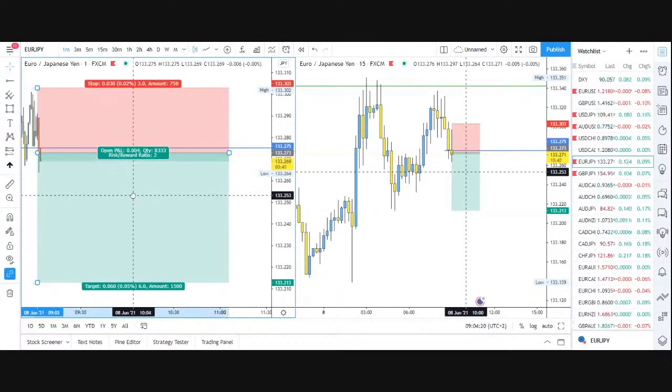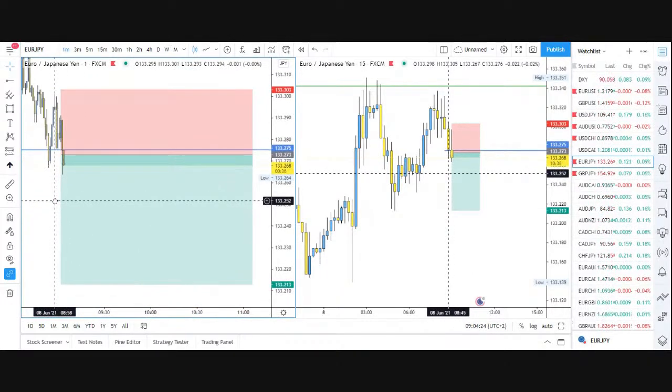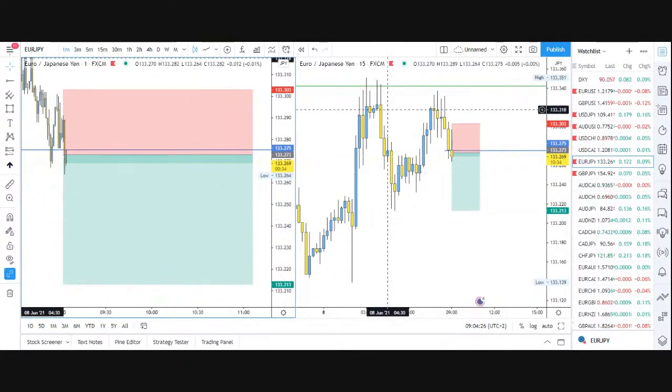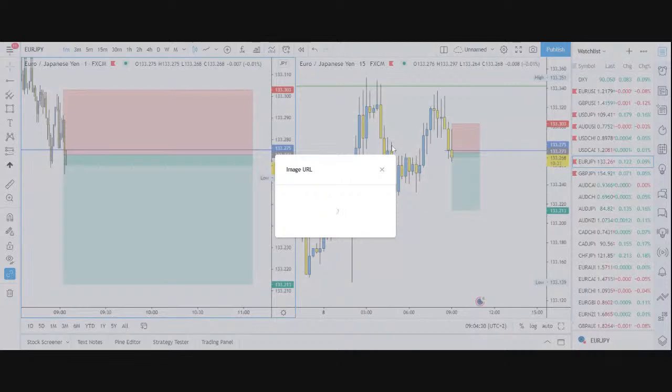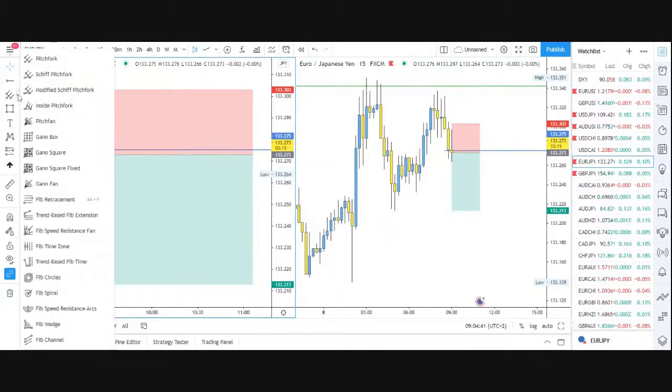Need to screenshot this. Okay, so remember guys, we have a mental stop loss at about half.